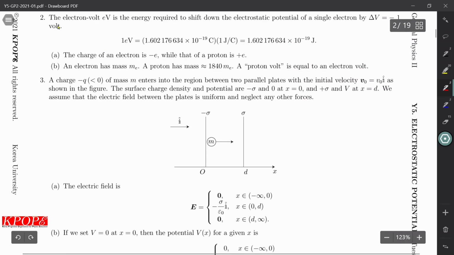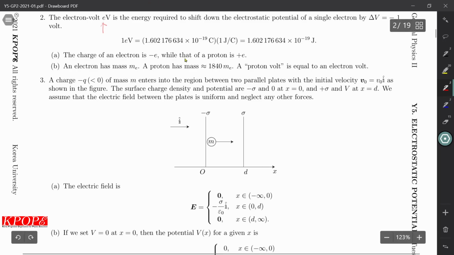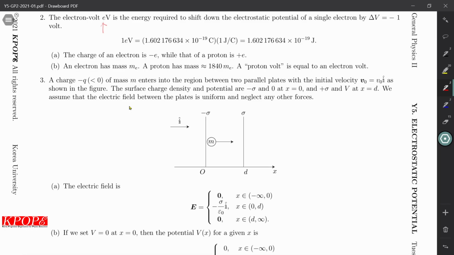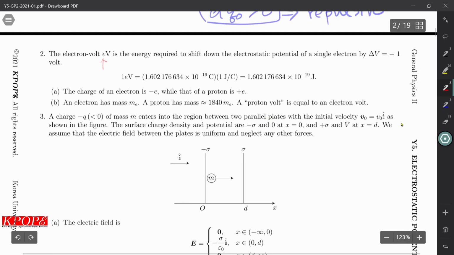Number 2, electron volt. The electron volt is defined by the elementary charge e. The elementary charge e is 1.602176 times 10 to the minus 19 coulomb. I told you it is the exact number.